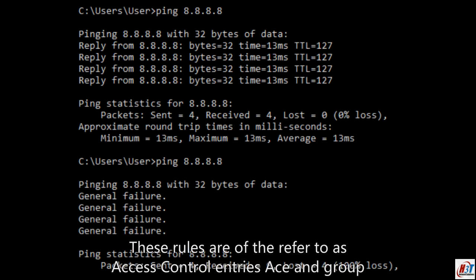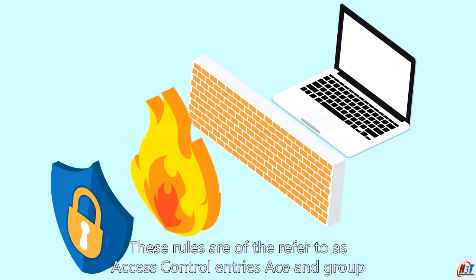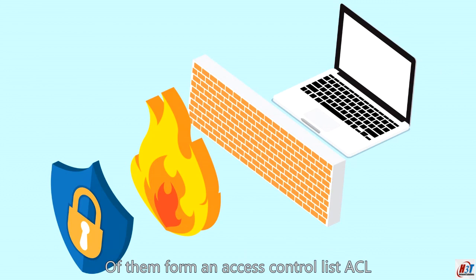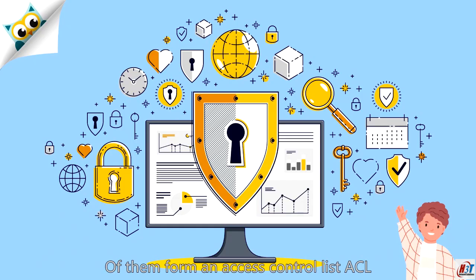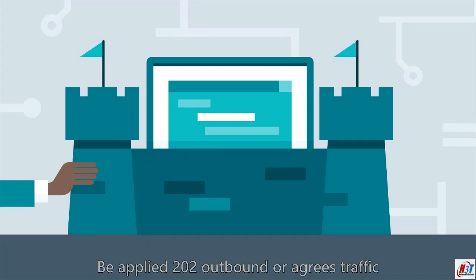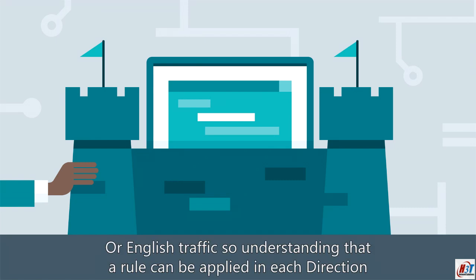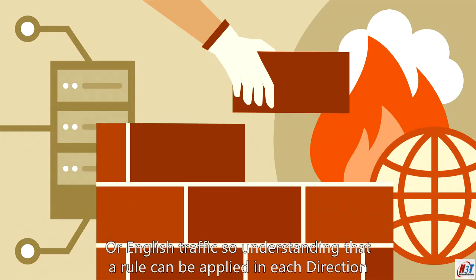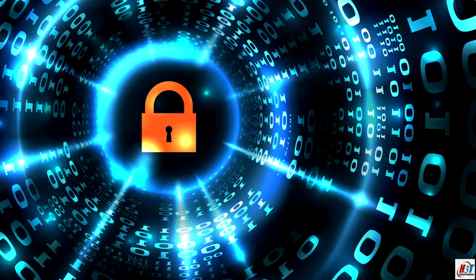These rules are often referred to as access control entries, ACEs, and a group of them forms an access control list, ACL. These criteria could then be applied to outbound or egress traffic, or inbound or ingress traffic. So understanding that a rule can be applied in each direction is important to know.